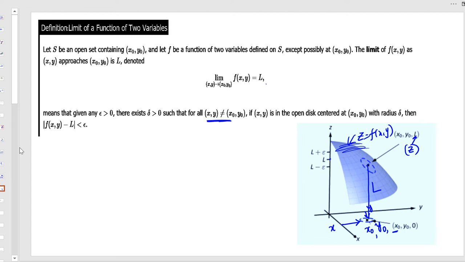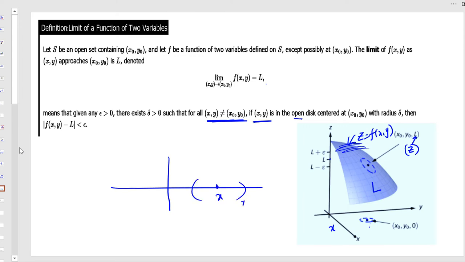if (x,y) not equal to (x naught, y naught), and if the disk, here it is, you can see here. So this is the disk. This is open. What is open and closed we'll discuss later also. This is nothing but, when we have a one variable case, x plus epsilon and x minus epsilon, so this is our open interval.